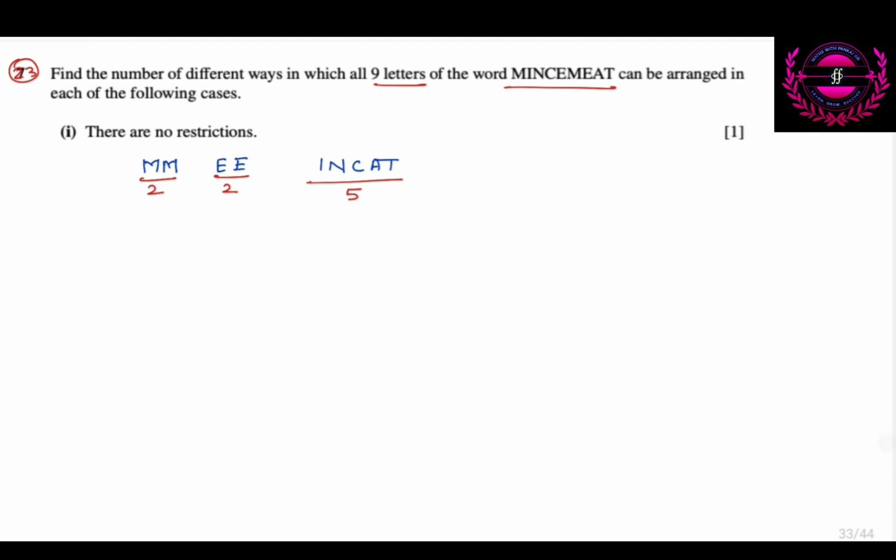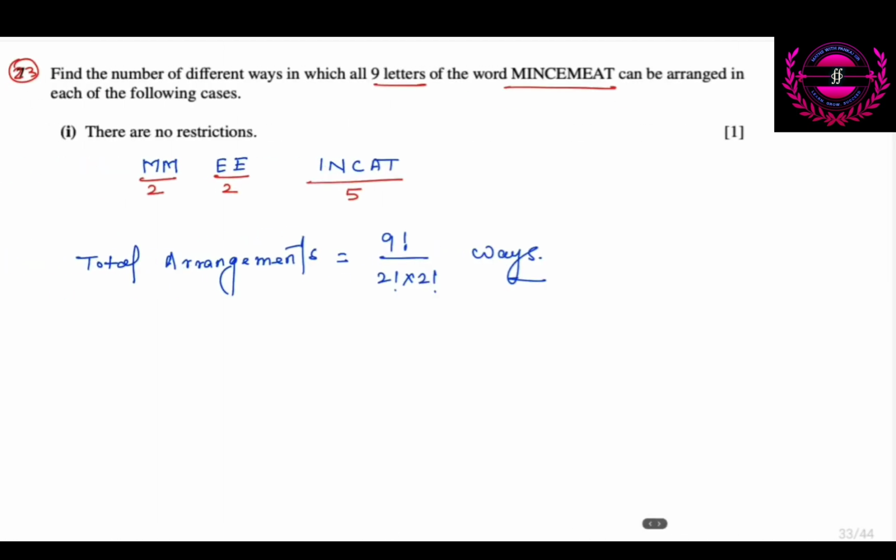Now the total number of arrangements equals 9 factorial divided by 2 factorial into 2 factorial ways.